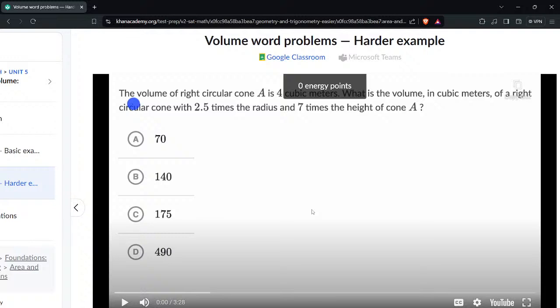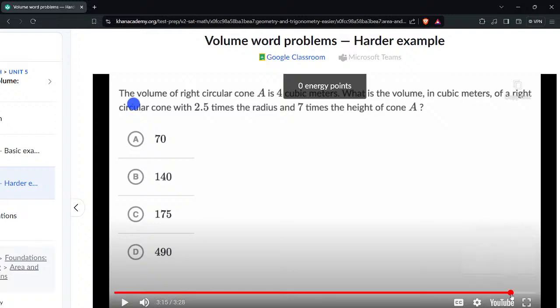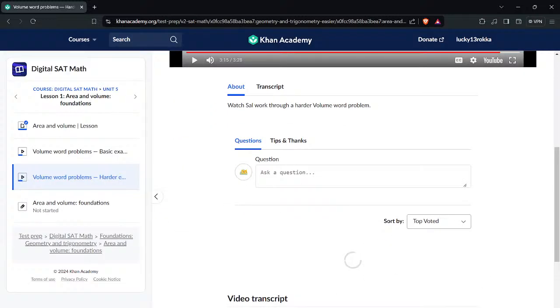So you get 7h times 4 r squared. What's the square of 2.5? 2.5 squared is 6.25. So we have 7 times 6.25, which is 43.75. Times 4, the answer is 175. C is the right answer. Okay, this was easy.